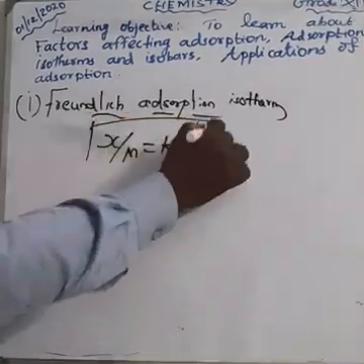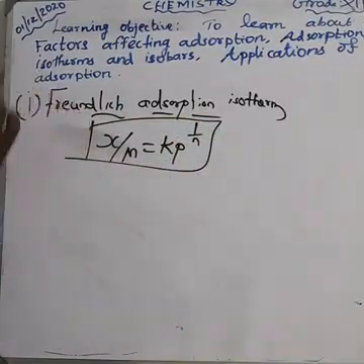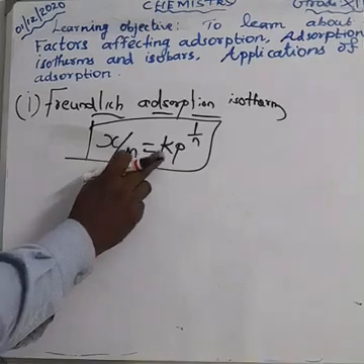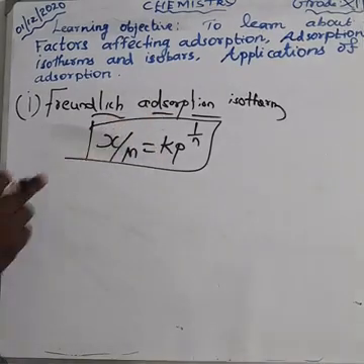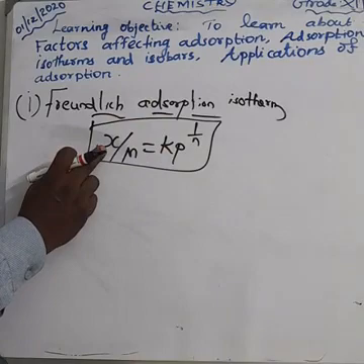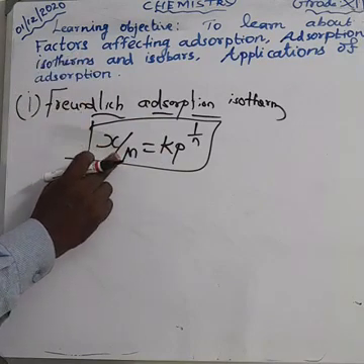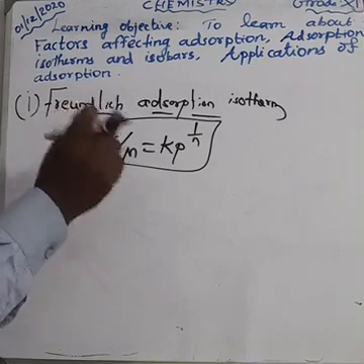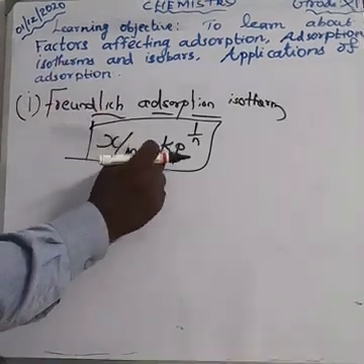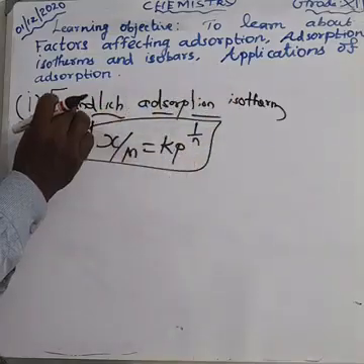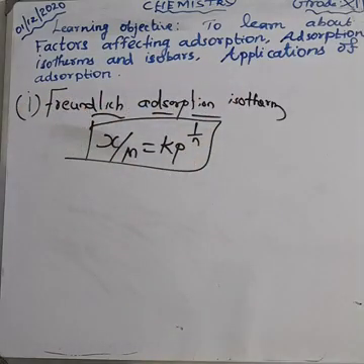This is the formula introduced by Freundlich. Here, x is the amount of adsorbate adsorbed on m gram of adsorbent at the pressure of p. K and n are the constants introduced by Freundlich.